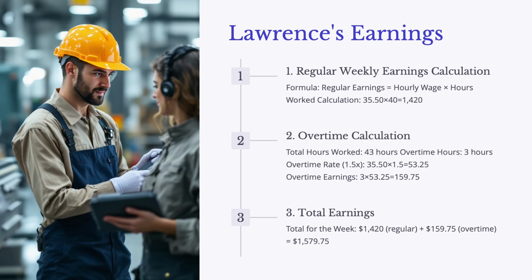Now, let's look at Lawrence's earnings. Lawrence is paid $35.50 USD per hour and his regular work week is 40 hours. This week, he worked a total of 43 hours, so his regular earnings are $1,420, calculated by multiplying his hourly wage by 40 hours.